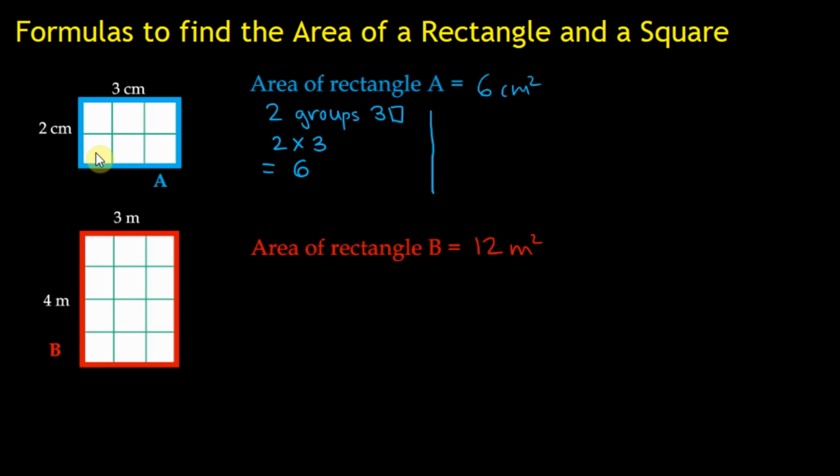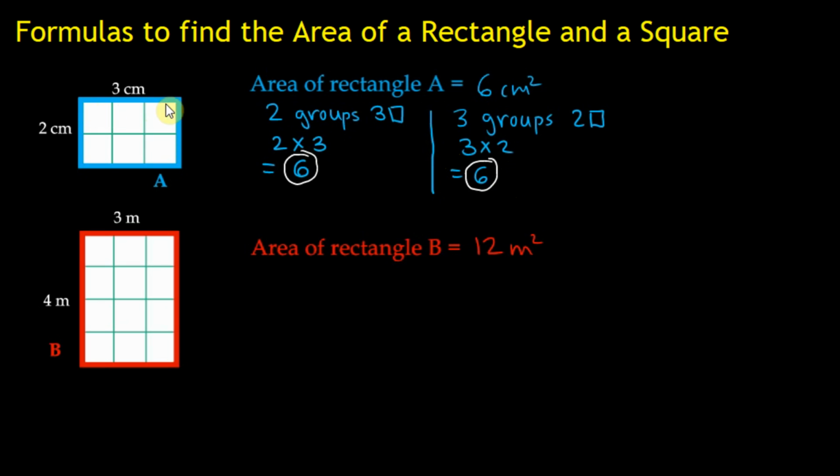Here is the first column, this is the second column and this is the third column. Hence, we can also write the area of rectangle A as 3 groups of 2 grid squares, which means 3 times 2, which equals 6. 2 times 3 or 3 times 2 is the same thing and gives the same answer 6.